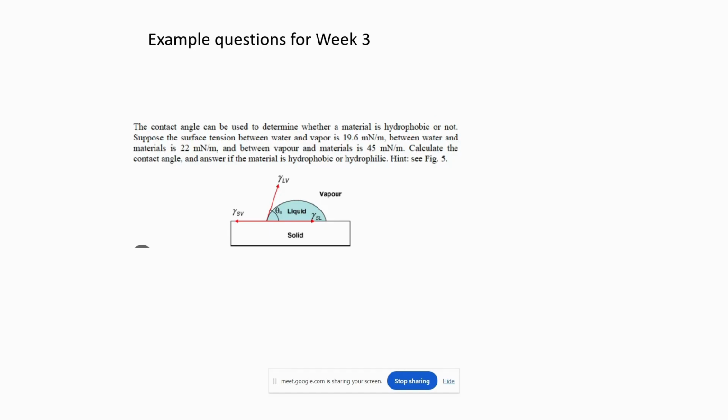Calculate the contact angle and answer if the material is hydrophobic or hydrophilic. I'll give you guys some time to go through this question and then we'll solve. Or you guys can also solve and let me know what you think the answer is.